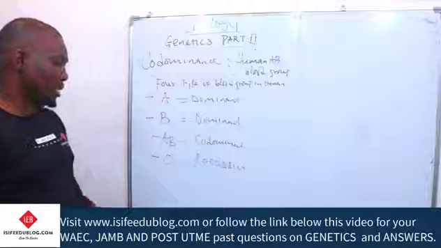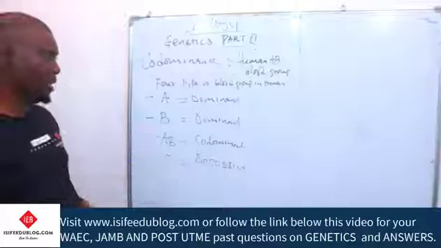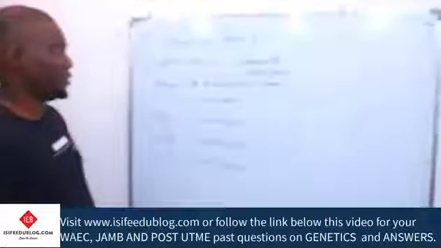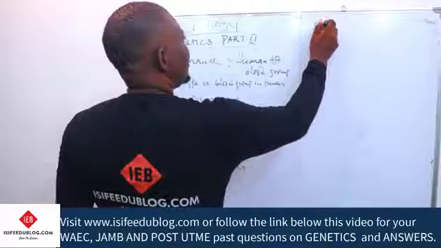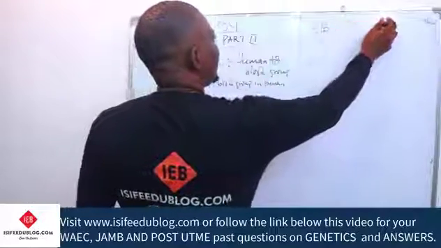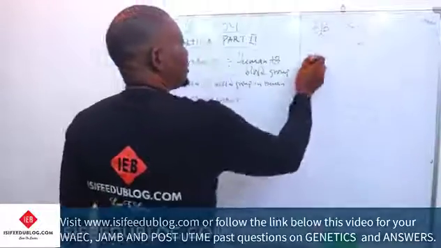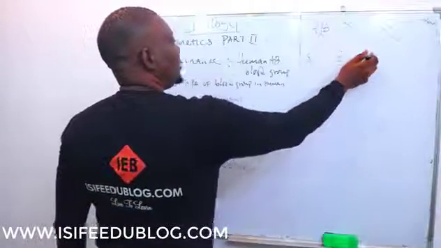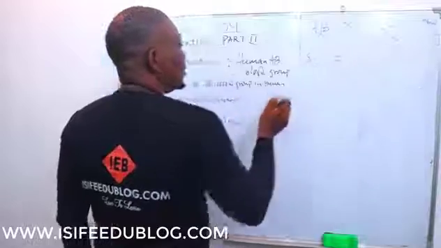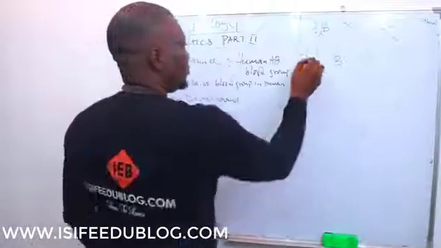Now, why would you say that blood group AB is codominant? Supposing I have a cross between AB blood group times O blood group, and this is what happens during meiosis: A, B, O. So O is going to be recessive.